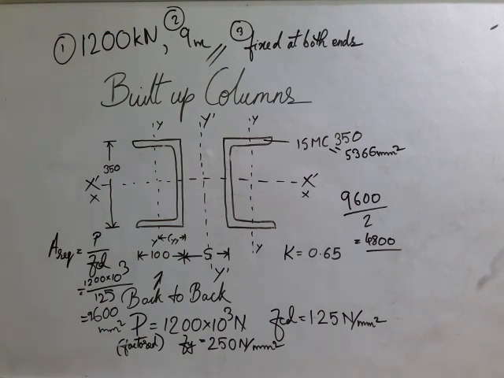Now as we have decided on ISMC 350, we have to write down all the values that we get for that section from the steel table. So let us write it.